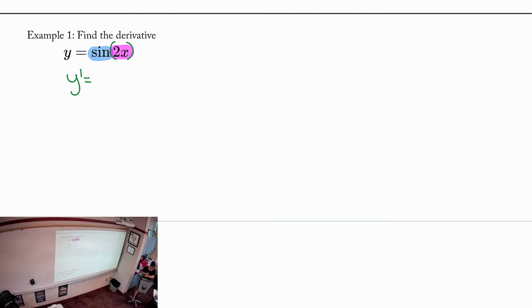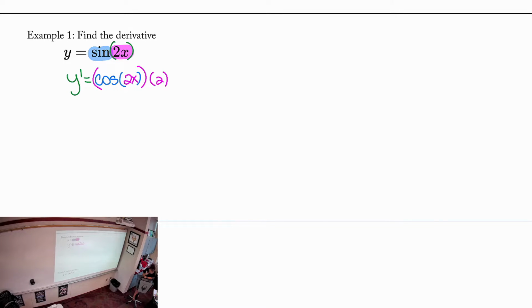Okay. So, derivative of sine is cosine of something. And remember, we leave our 2x in there. And then we multiply by the derivative of 2x, which is 2. Notice that I put an extra set of parentheses around cosine of 2x.